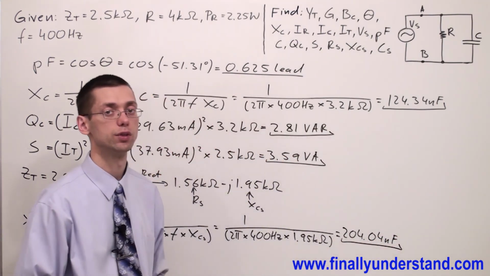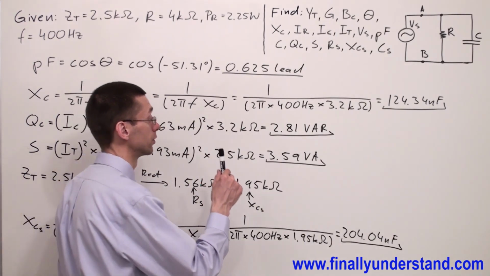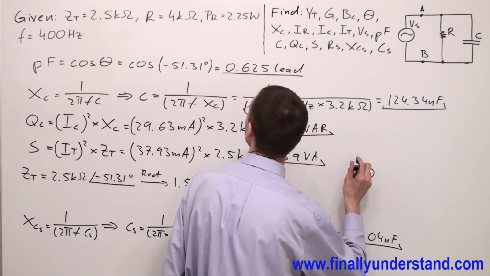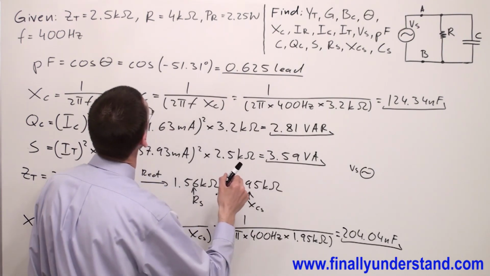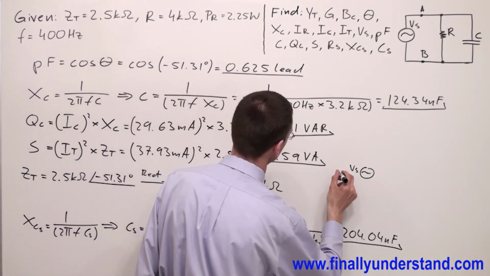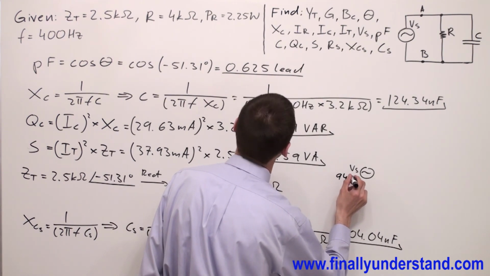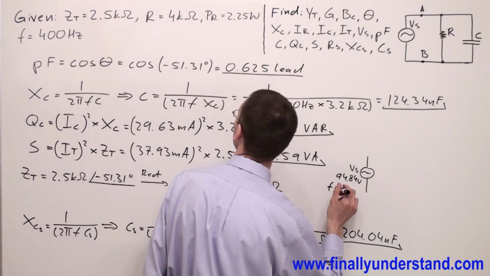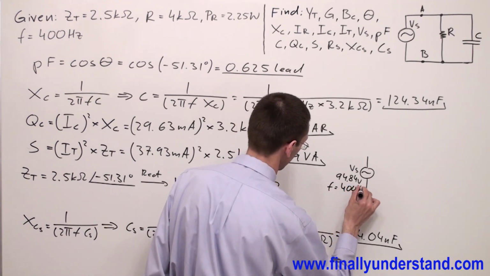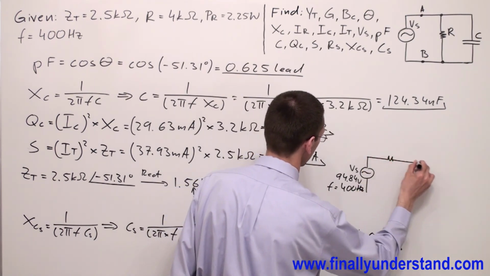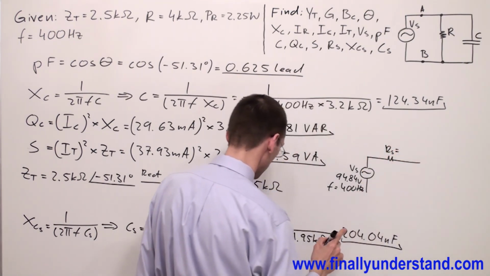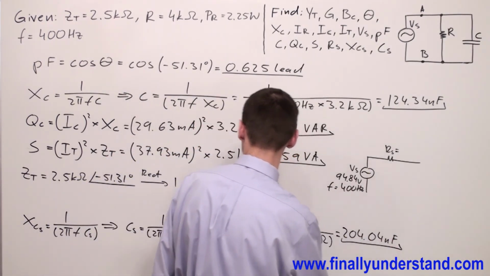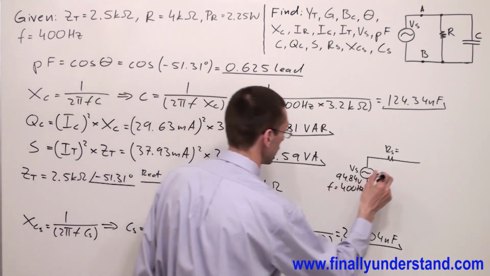Next, we can draw the series equivalent circuit to this parallel circuit. So I have a voltage source, which is equal to 94.84 volts and has frequency equal to 400 hertz. We have resistor RS, which is equal to 1.56 kilohms.